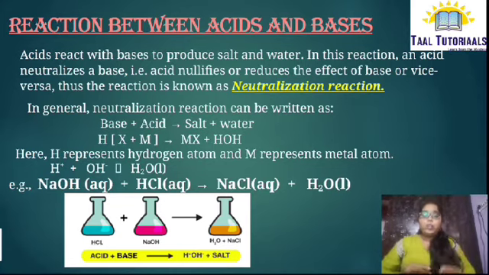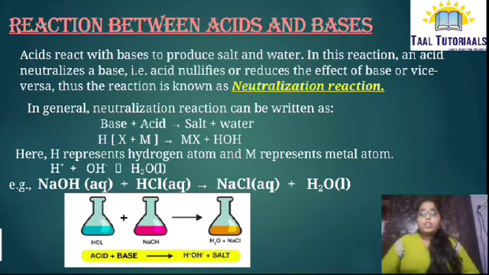See, acid will try to reduce the effect of base, or vice versa can also happen. So this reaction is known as neutralization reaction. Why? Because either acid reduces the effect of base or base reduces the effect of acid.